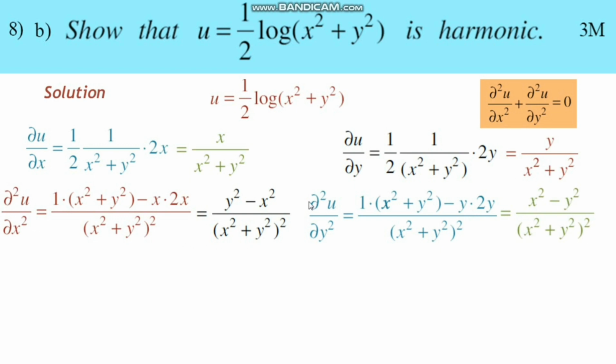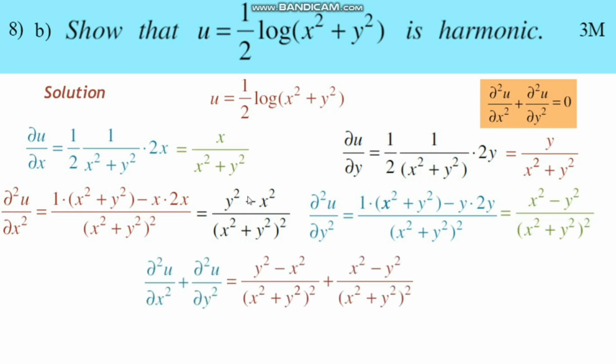Adding these two second order partial derivatives, the denominators are the same, so the numerators will be added. y square negative y square is 0, negative x square positive x square is 0, so 0 occurs in the numerator. 0 by any non-zero value is 0, it satisfies Laplace equation. u satisfies the Laplace equation, hence u is a harmonic function.